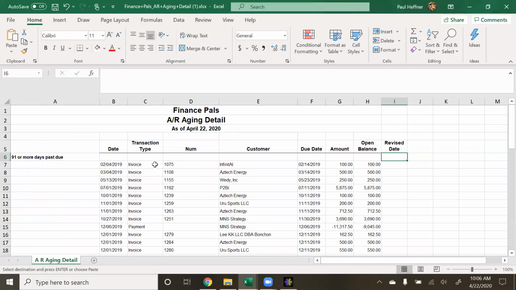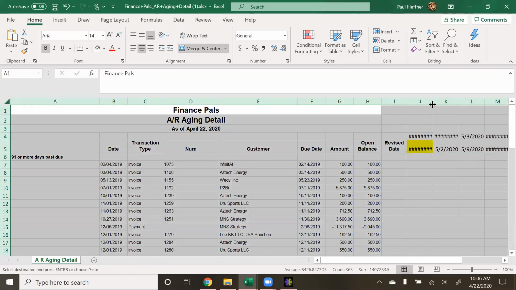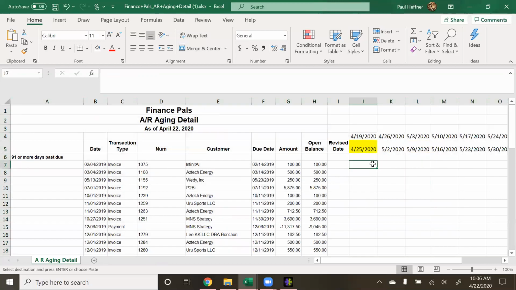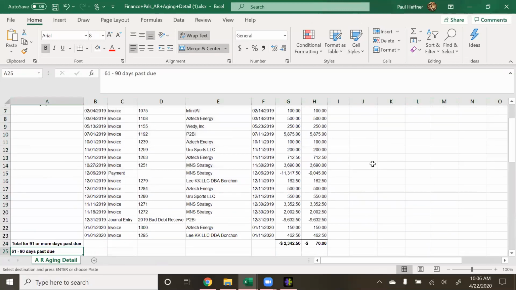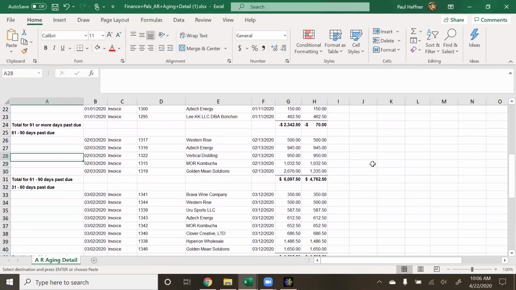This isn't going to be a super great forecast, but you get the idea of how you can use it. That's basically showing you how to set it up, and then you can play with it all you want. Typically what I would do is skip stuff that's more than 90 days old. There's some stuff here that we have in collections, so we're going to skip over that.